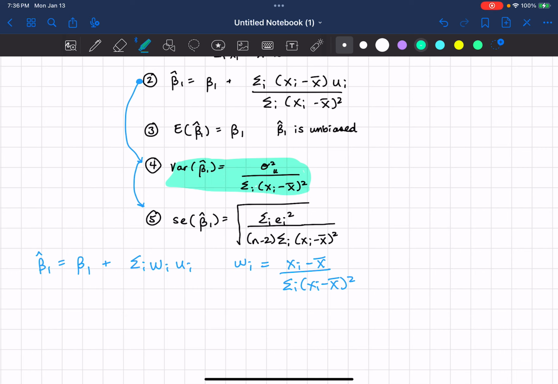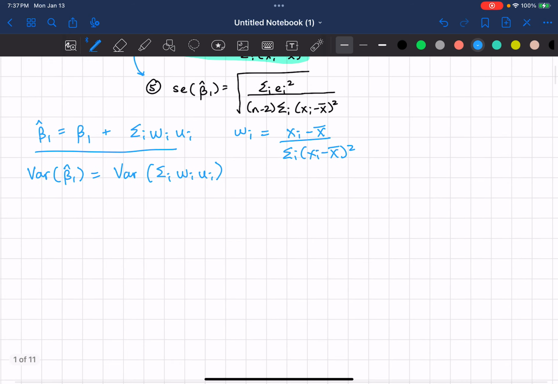So what I'm going to do is take the variance of both sides of this equation. The variance of beta hat 1 is the variance of beta 1, remember that beta 1 is just a constant. The variance of a constant is 0. So I'll skip right over that term. So we'll have the variance of sum over i of wi ui.